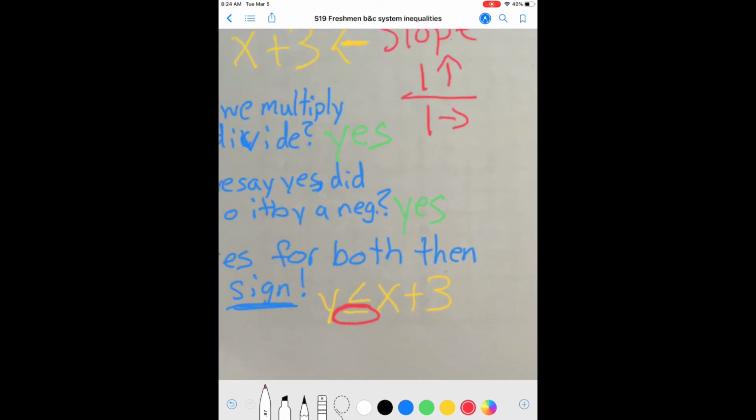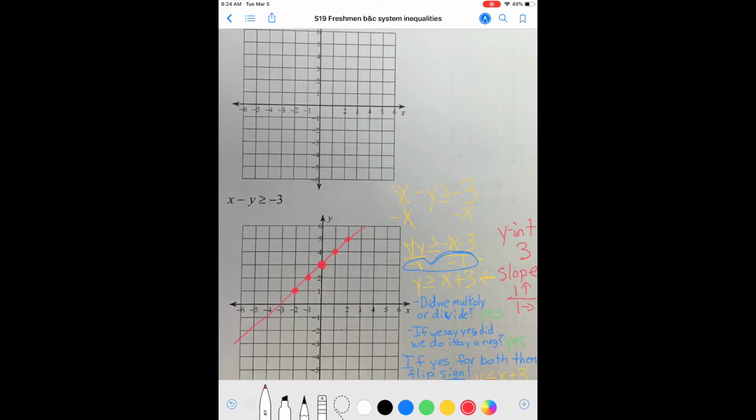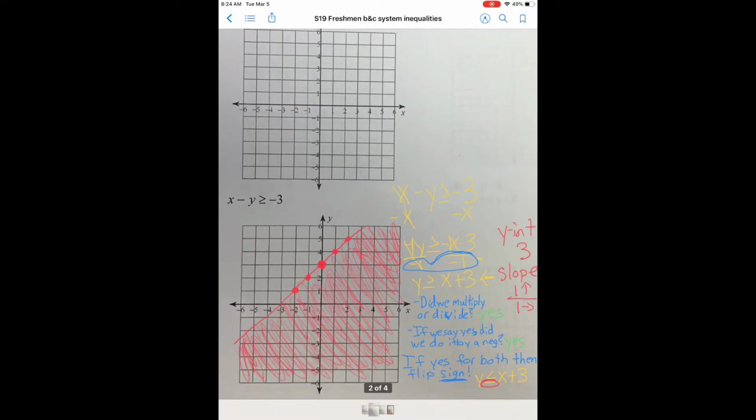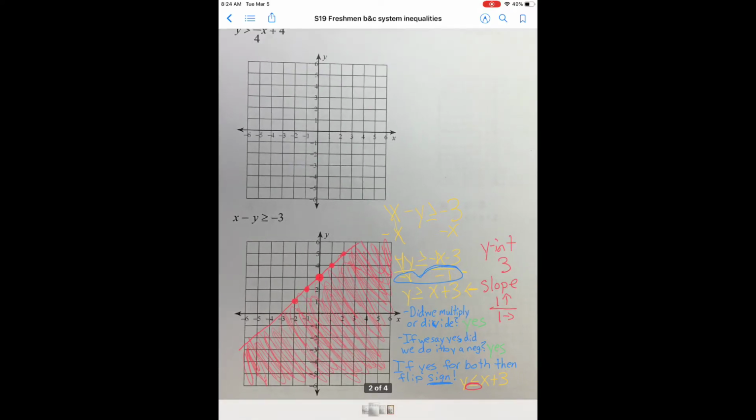It is less than. So it's going to be shaded underneath the line. So that would be our inequality graphed completely. Remember to pause the video if I am going too fast for you to copy it down.